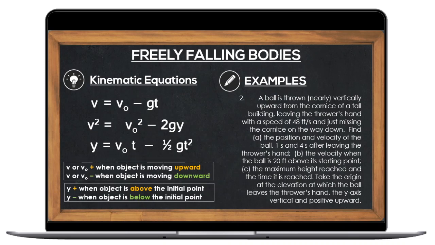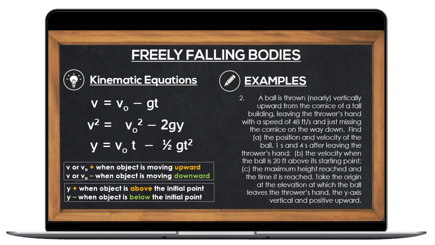The velocity when the ball is 20 feet above its starting point. The maximum height reached and the time it is reached, taking the origin at the elevation at which the ball leaves the thrower's hand. The y-axis vertical and positive upward.